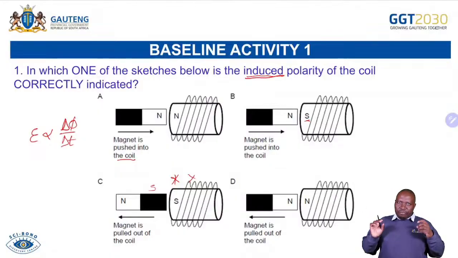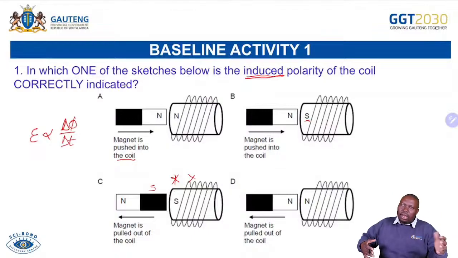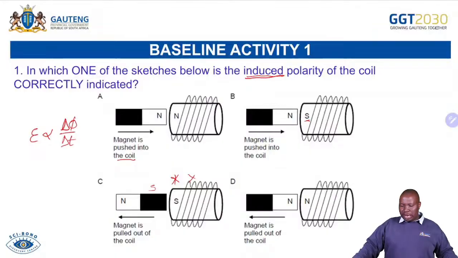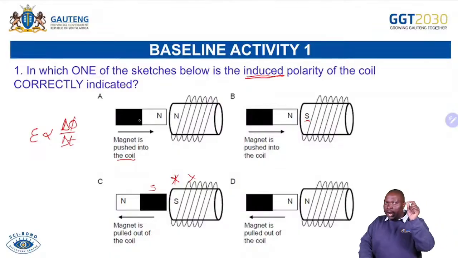So if there is no movement of either the coil or the magnet, there will be no change in magnetic flux. And when there is no change in magnetic flux, the induced EMF will be zero. So immediately when I stop moving the magnet, the induced EMF is zero. There is no induced EMF. For induced EMF, one must be in motion. There must be relative motion between the coil and the magnet.